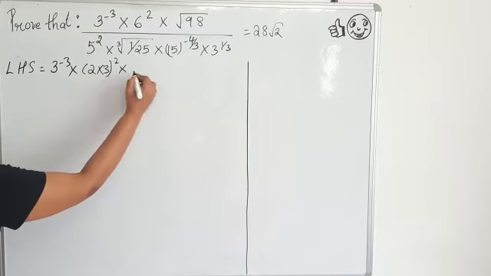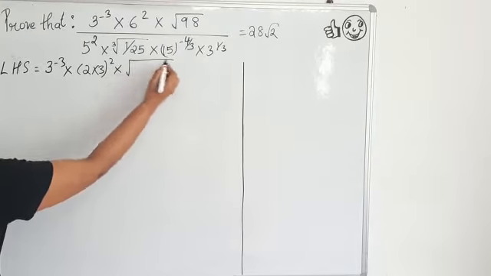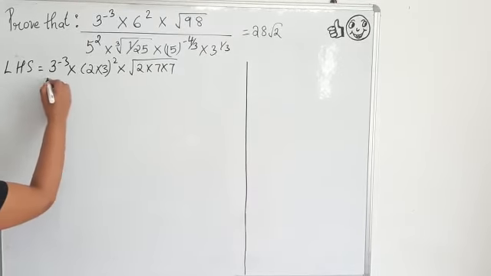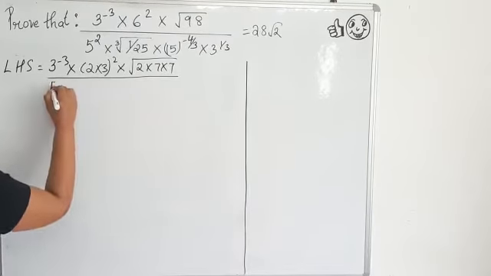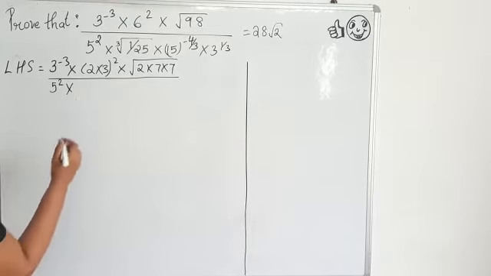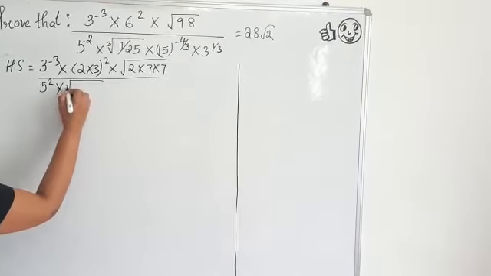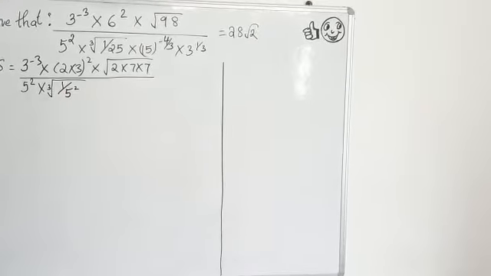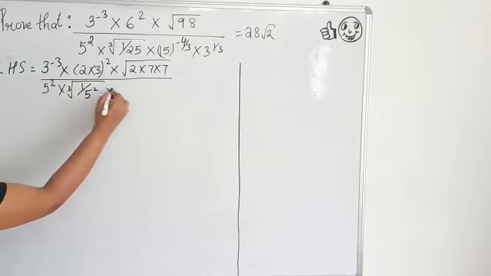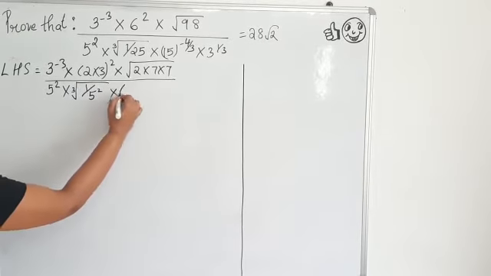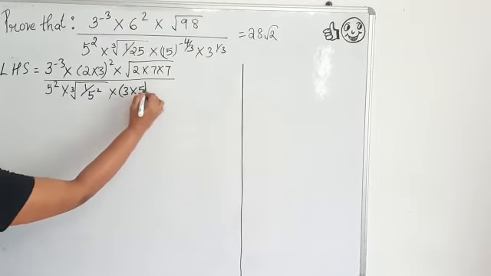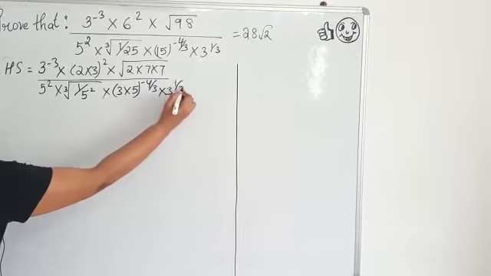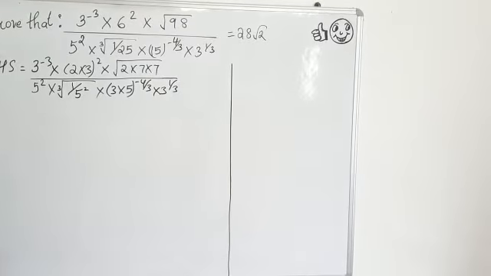And if I take LCM of 98, we get 2 into 7 divided by 5 square into cube root of 1 by 25, which can be written as 1 by 5 square, since 5 fives are 25, multiplied by 15, which can be written as 3 into 5, power minus 4 by 3 into 3 power 1 by 3. This is the first step.